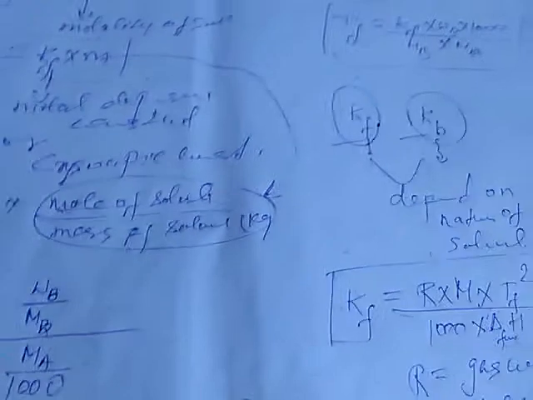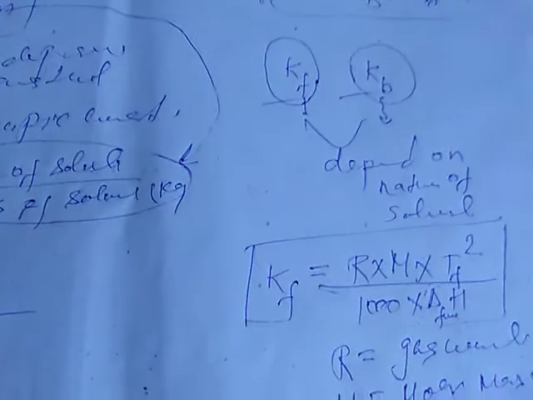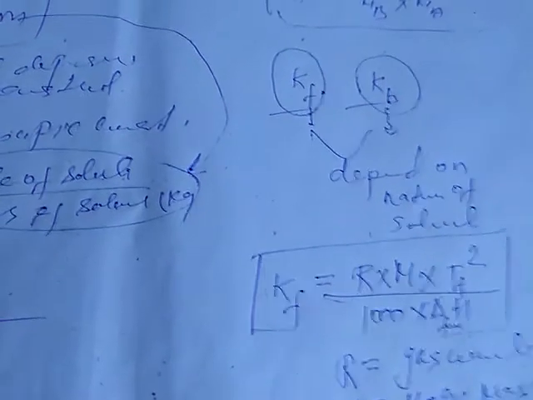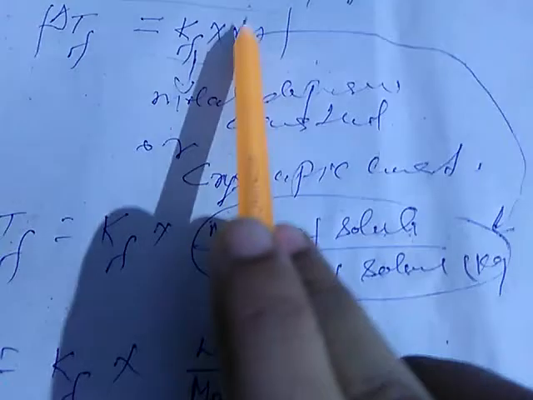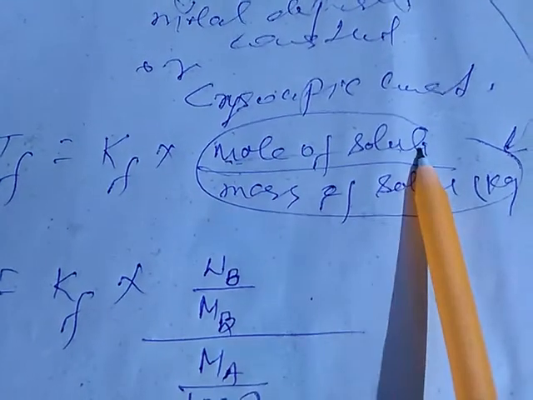So this is all we have to see in depression in freezing point, the third colligative property. The important thing to keep in mind is, firstly, that delta Tf is equal to Kf into m, and this molality m is converted into mole of solute by mass of solvent in kg, and the final expression is obtained.